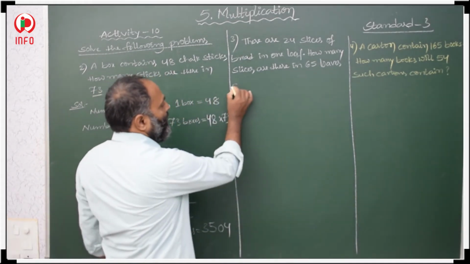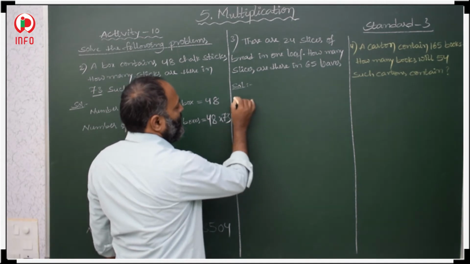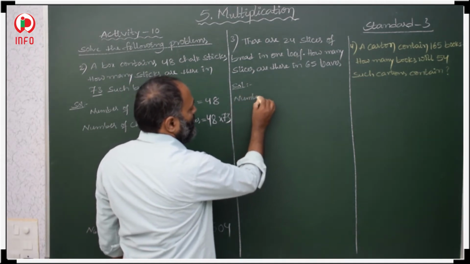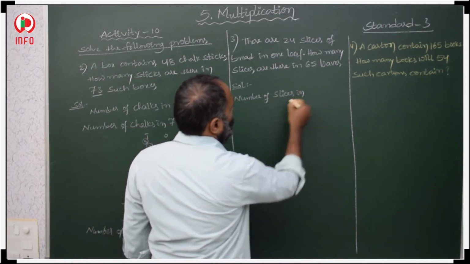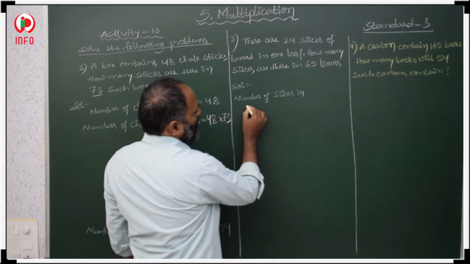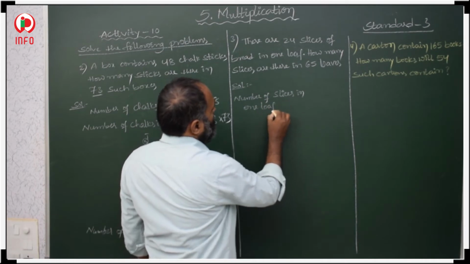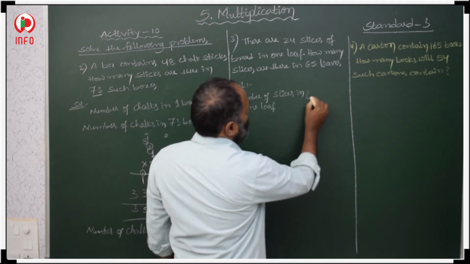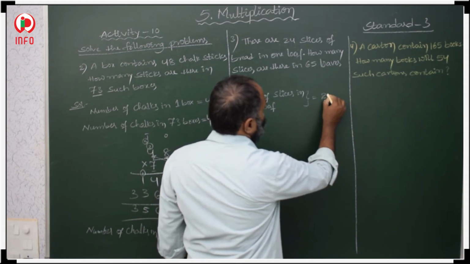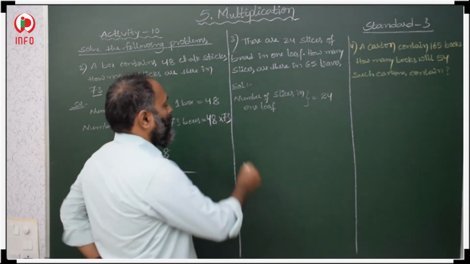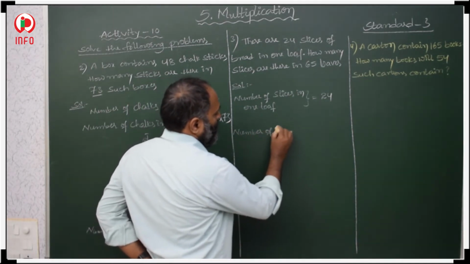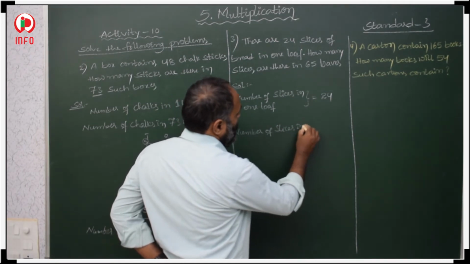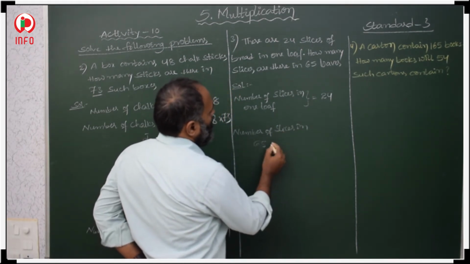How? First, number of slices in one loaf. How many? 24. Then number of slices in 65 loaves.